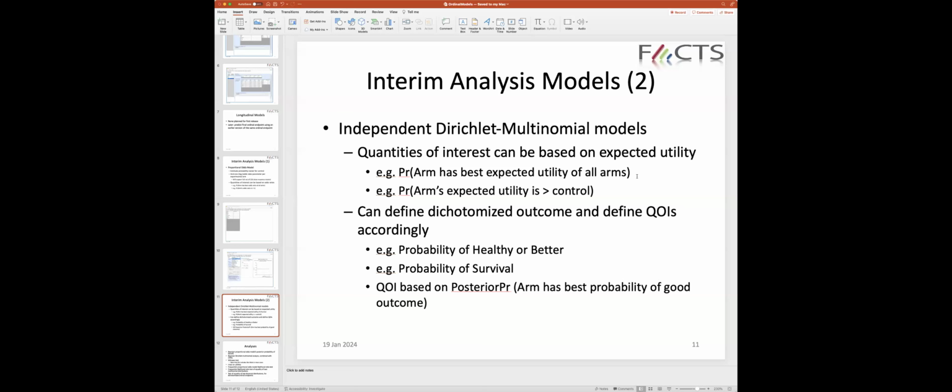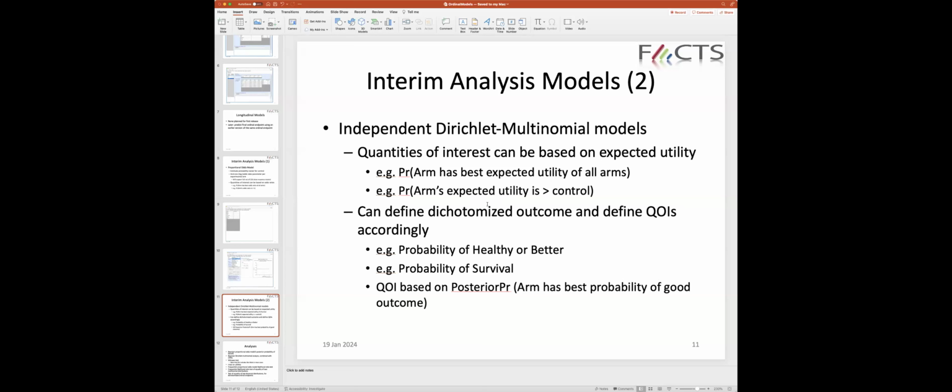For example, we can look at which arm has the best expected utility, which arm is the best with respect to having a high expected utility, and do response adaptive randomization or futility stopping or whatever based on those sorts of things.